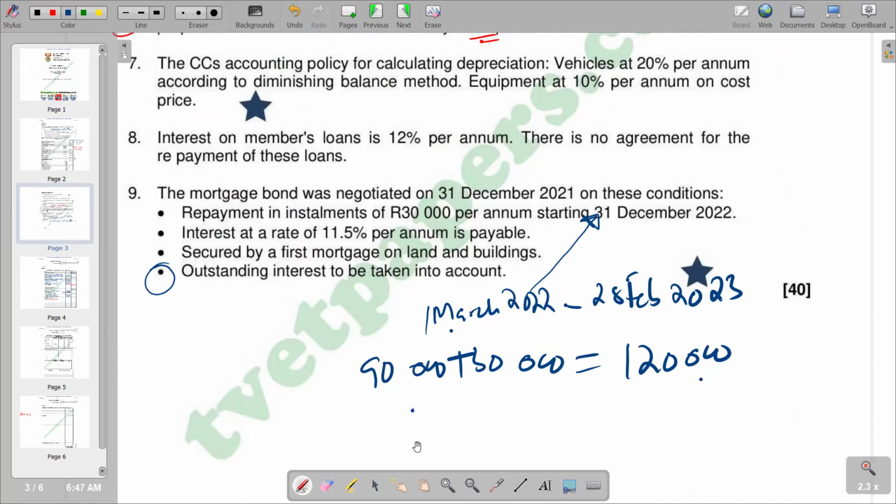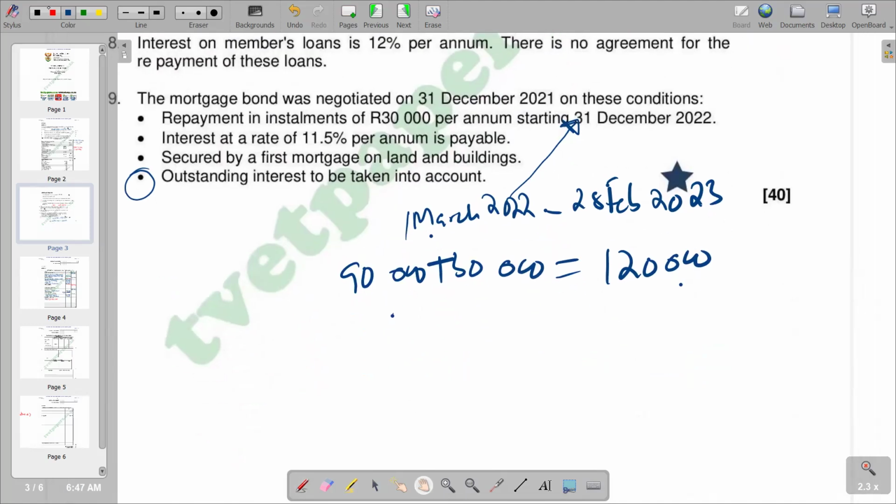So we need to calculate the interest in two phases. 11.5% is 0.115 as a decimal. We multiply by 120,000 before the repayment, and then by the proportionate number of months that applies to the 120,000. It was from 1 March to 31 December, which is March, April, May, June, July, August, September, October, November, December.